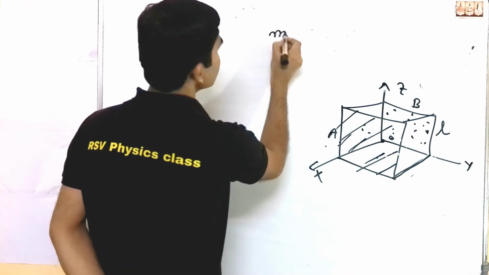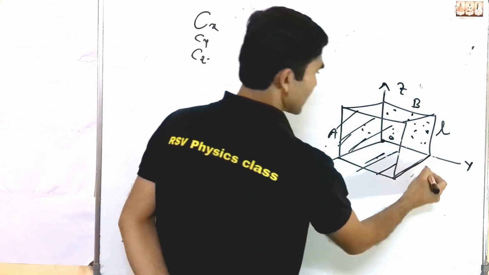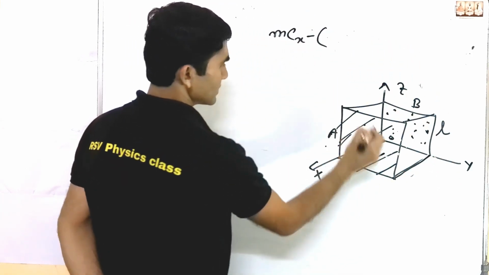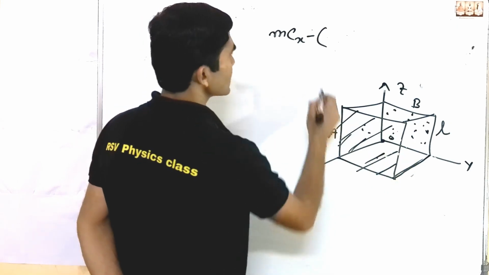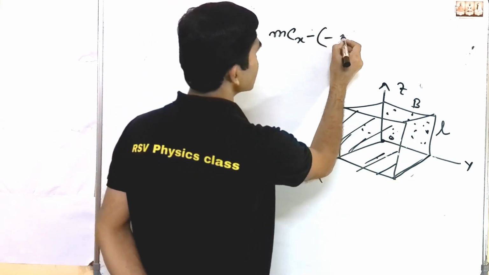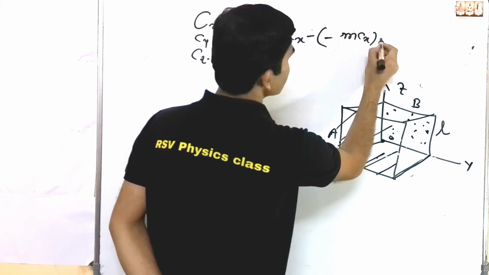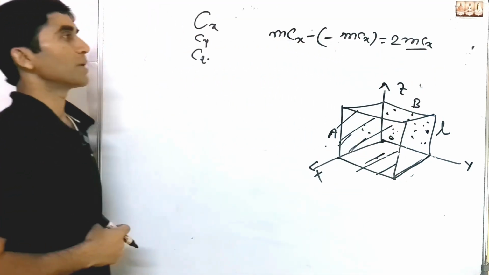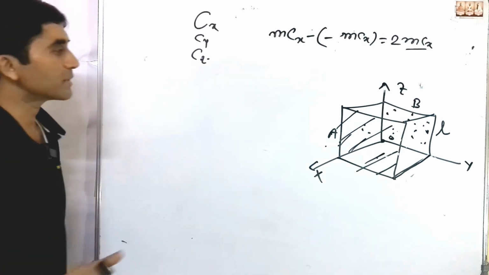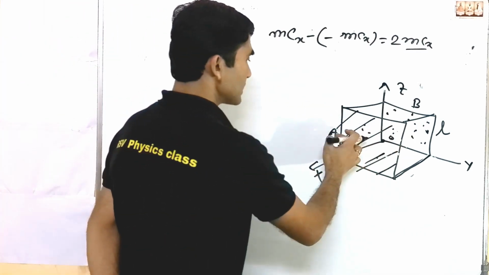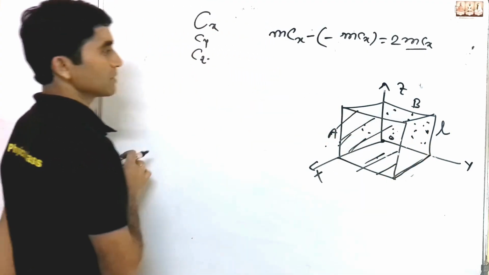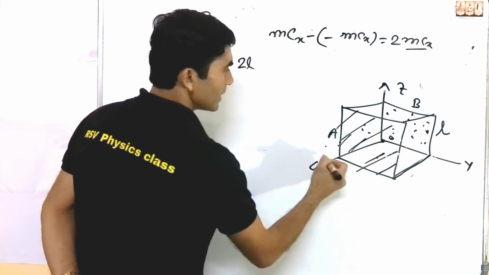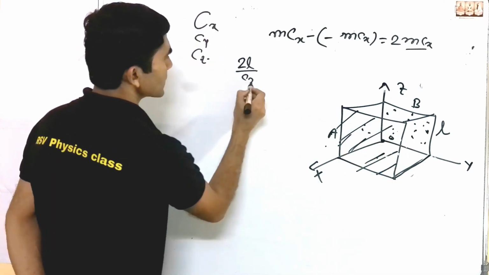Each molecule has mass m, so the momentum m cx changes direction to minus m cx, so the total change in momentum is 2 m cx. Now what is the time taken from the B surface to the A surface and back again to the B surface? The time taken is twice L, that is L going and L coming back, divided by cx.